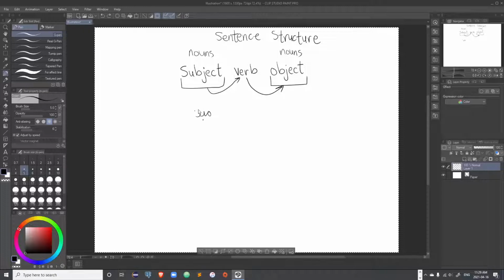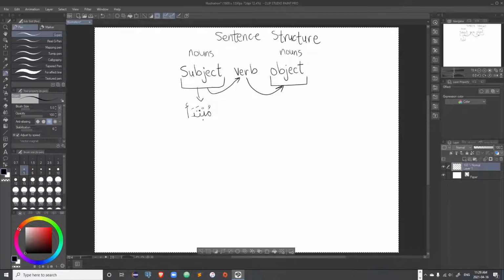It is really difficult to write the dots with this graphics tablet. Mubtada. Just darken this. That is the subject.